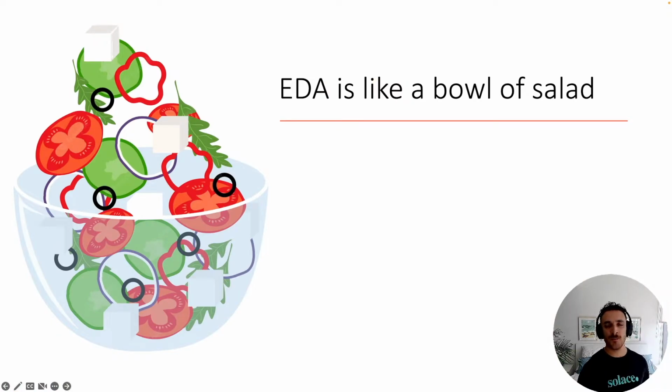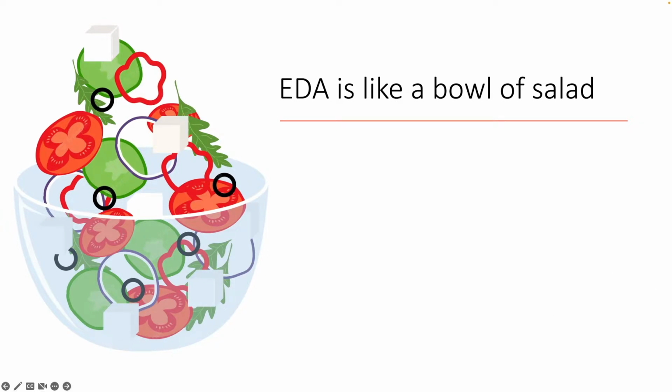All right, so think of event-driven architecture as a bowl of salad, and in this bowl of salad, there are different components that are needed to build an event-driven architecture. Think of these components as ingredients and the bowl as the underlying messaging technology.